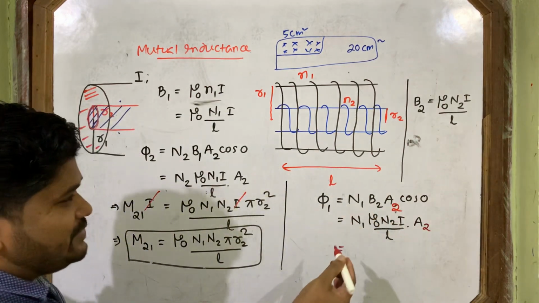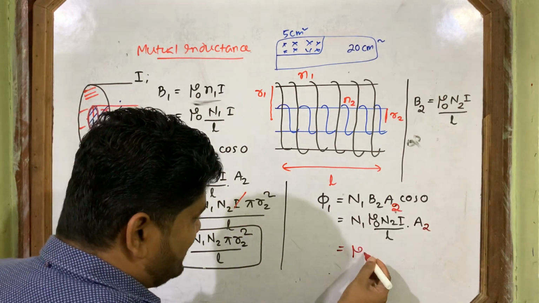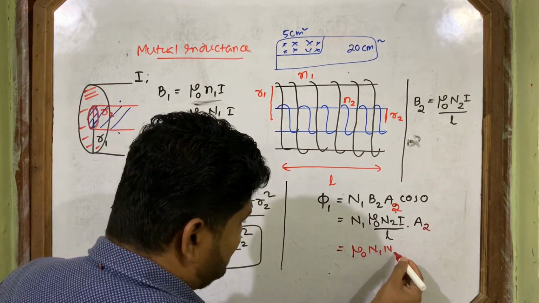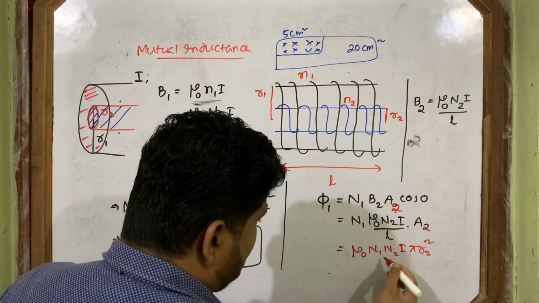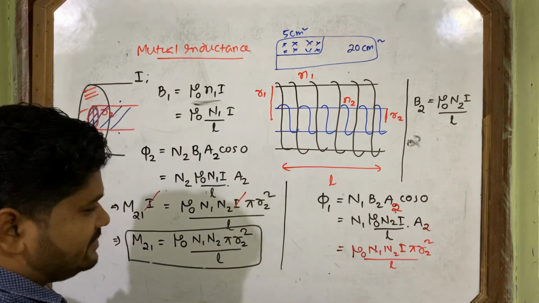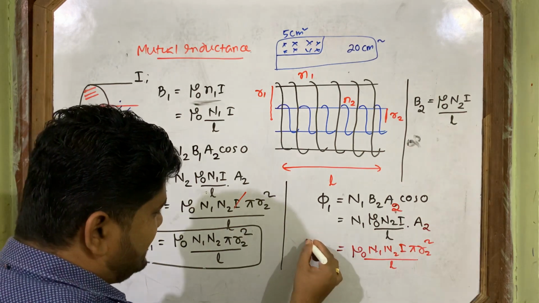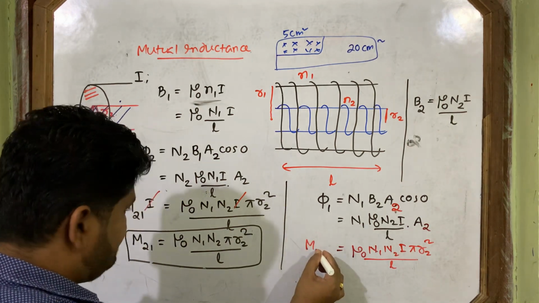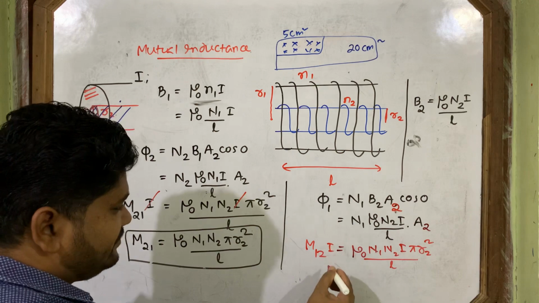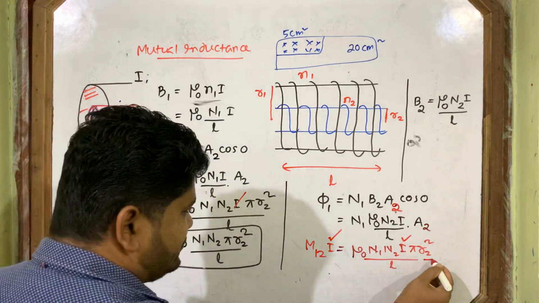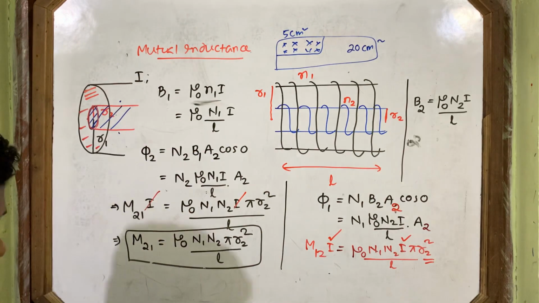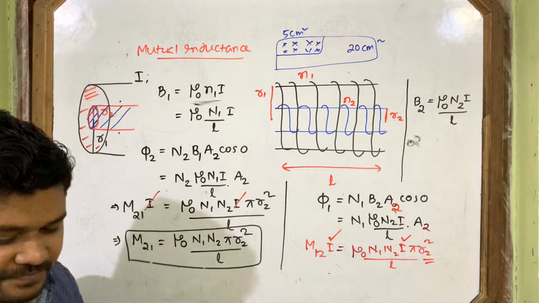So when A2 is taken, then automatically you see this is mu naught N1 N2 I pi R2 square by L. And from this side, this becomes M12 into I. So now you see this I cancels and here R2 comes in the expression.